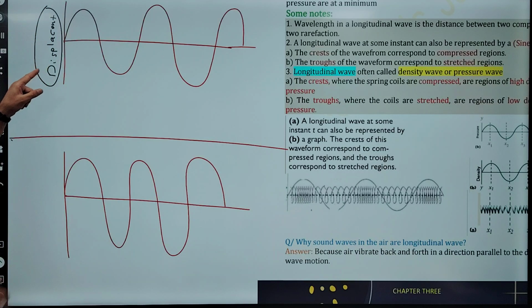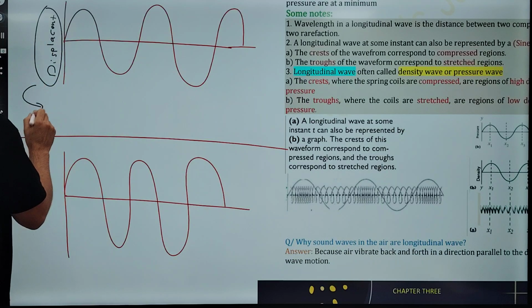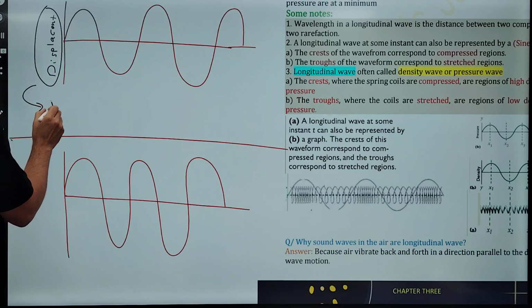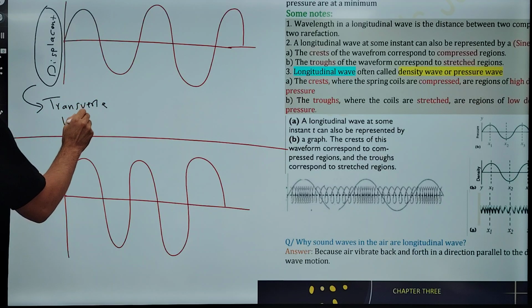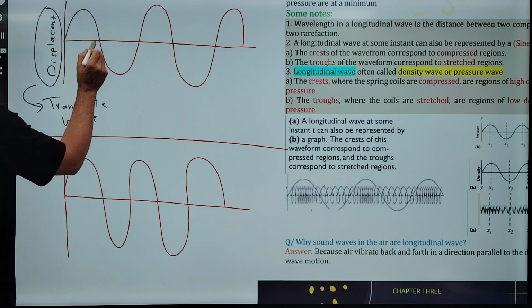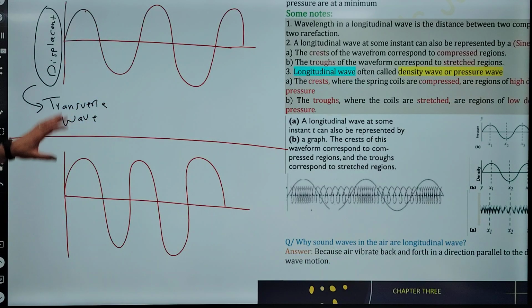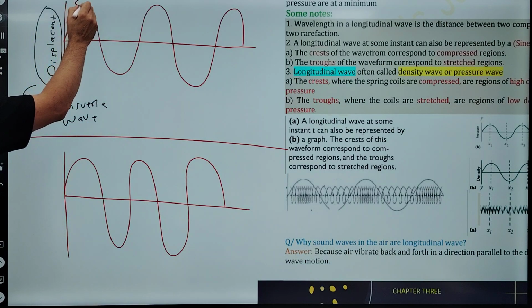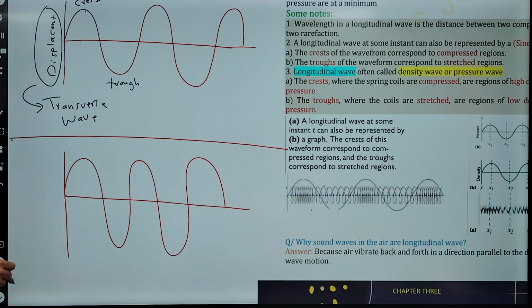Displacement. If you see displacement here, it means that this wave is a transverse wave. What is the type of this wave? This is a transverse wave. Why? Because here we have a displacement. So the distance from the equilibrium position to the highest point or to the lowest point is present in the transverse wave, and we can say this is crest and this is trough. So this wave is a transverse wave.